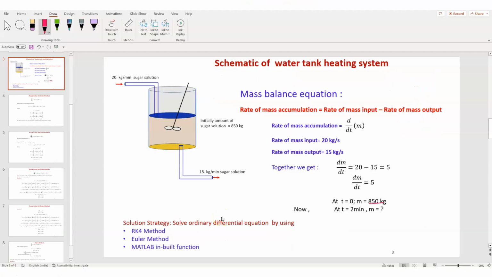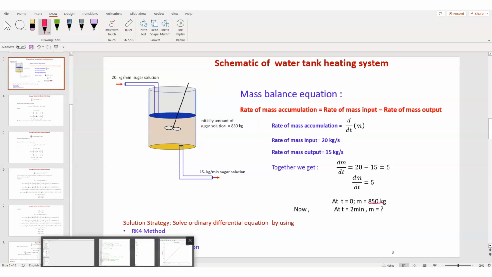Okay, so after doing the mass balance, what we got is dm by dt is equal to 5, and at t is equal to 0, m is equal to 850 kg. At t is equal to 2 minutes, what will be the m? We will solve by using the RK4 method, Euler method, and MATLAB inbuilt function. Now how to do that?